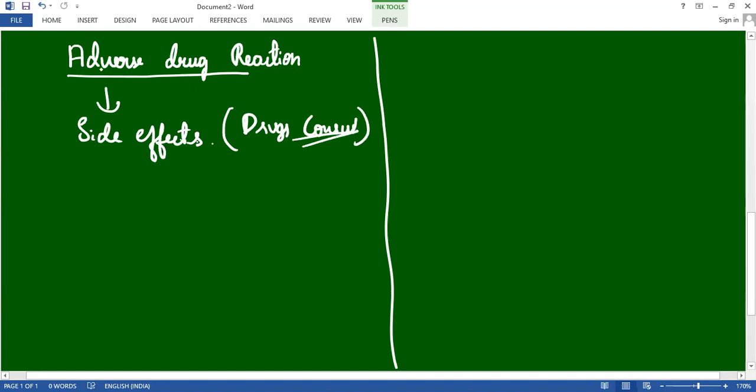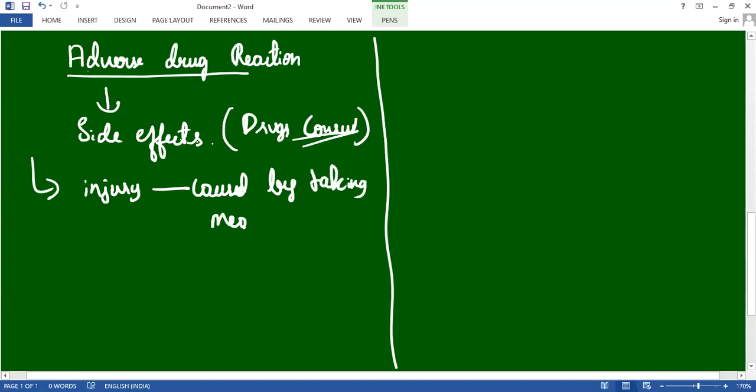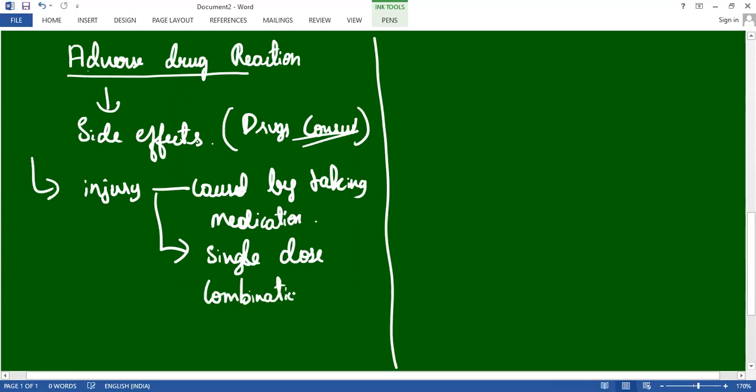This adverse drug reaction is an injury that is caused by taking a medication. The medication may be a single dose or a combination of two or more drugs at the same time.